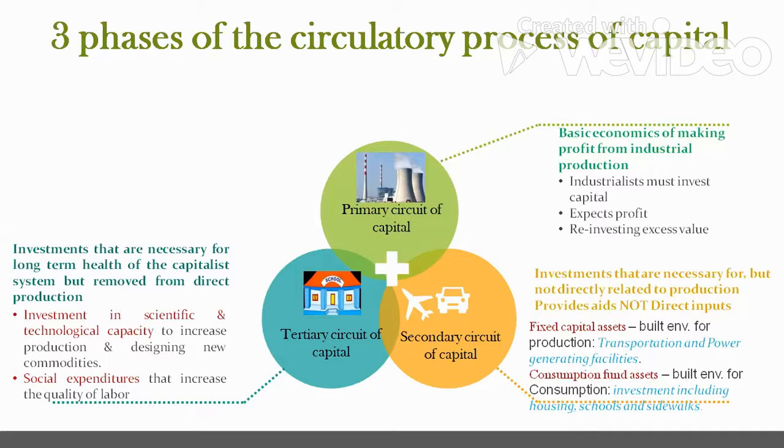When the government or the private sector invests in the social sectors, there would be an increase in the quality of labor. For that we won't get any direct input in the production system.